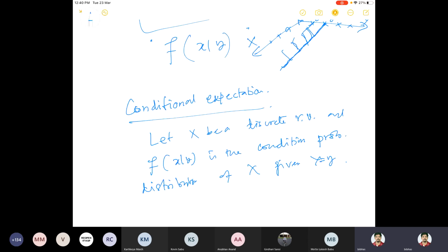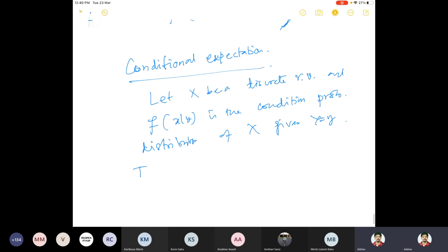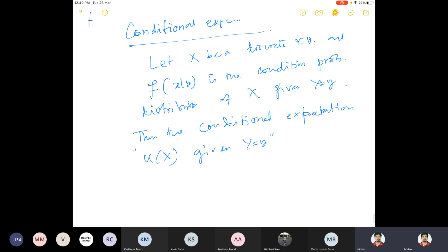Then we define the conditional mean or conditional expectation of a function u of x given y equal to y. So this is important, given y equal to y. So this is conditional.